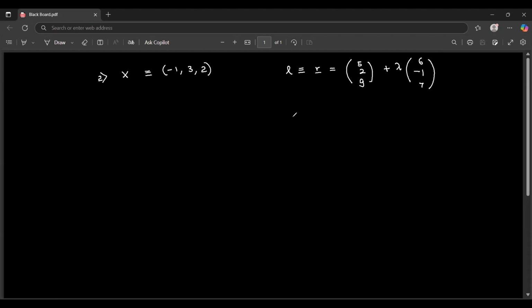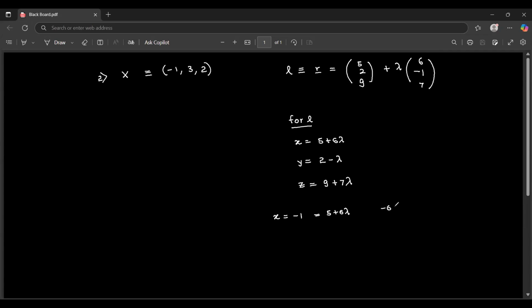Okay. So first of all, you have to come up with the parametric equation. For L, x equals 5 plus 6 lambda, y equals 2 minus lambda, z equals 9 plus 7 lambda. If the point lies on L, the x value must be equal to minus 1, which implies minus 1 equals 5 plus 6 lambda.